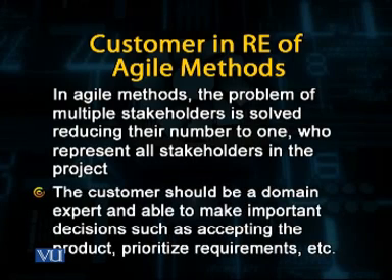The customer should be a domain expert and be able to make important decisions such as accepting the product, because that's very important, prioritize the requirements, and clarify the requirements to different team members on the development side, because they will come to that customer on a regular basis, on a daily basis.